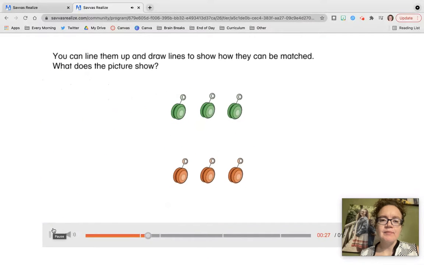You can line them up and draw lines to show how they can be matched. What does the picture show? So look, they lined them up and then they drew lines. What does the picture show? Tell the guest teacher. What do you notice?